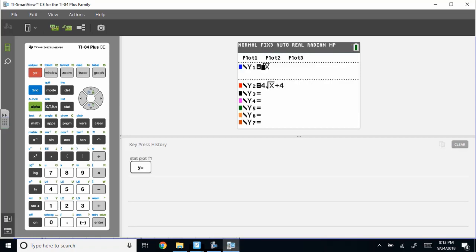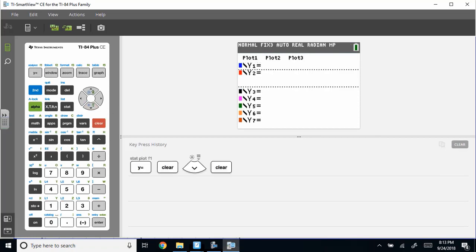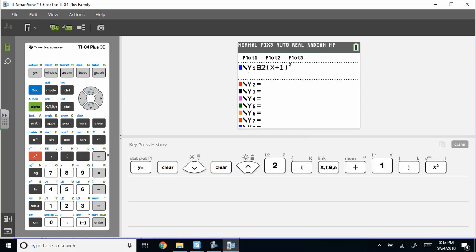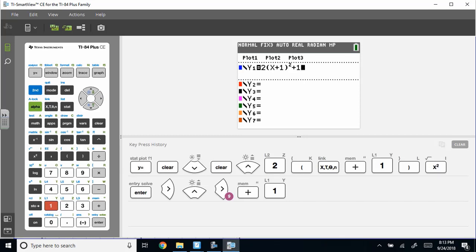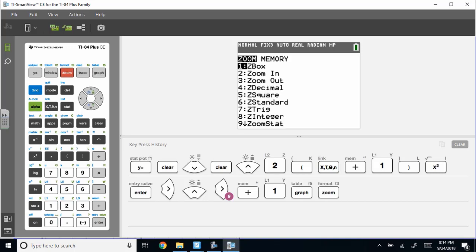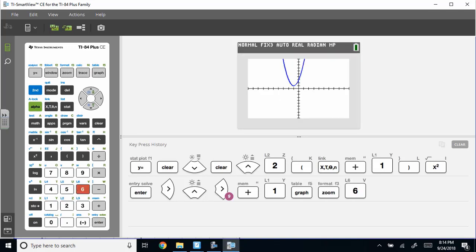So y equals, let me get the clear. 2(x plus 1) squared plus what? Plus 1. Yeah? All right, so let's graph it. Hey, look at that. Then let's just zoom 6. That's zoom fit, right? There you go.